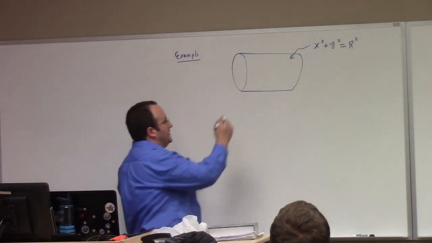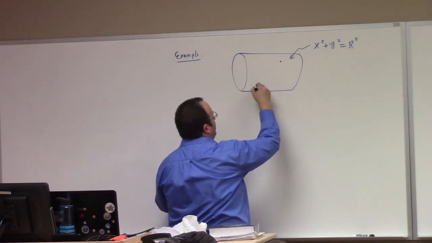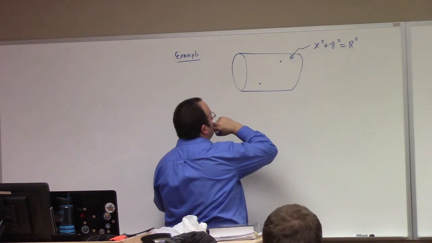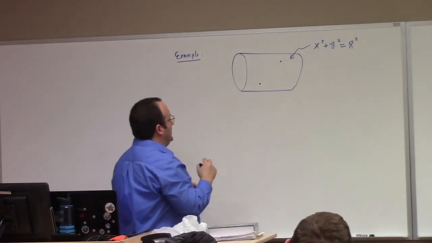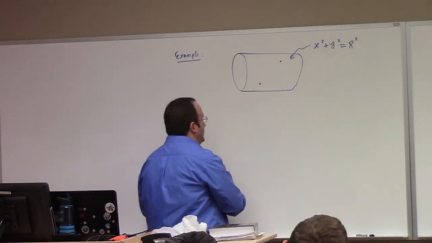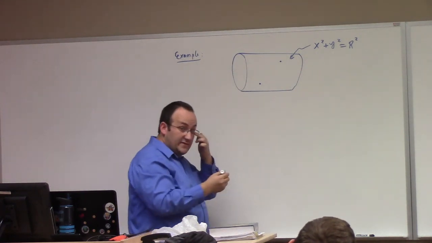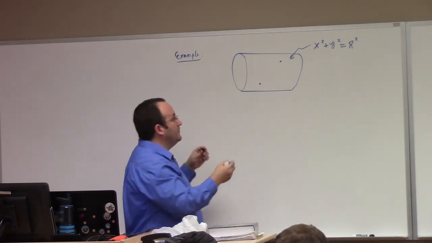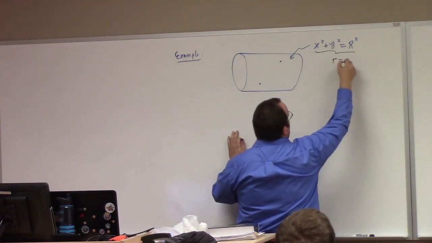So I can take 2 points. All right, at this point, it becomes much easier if we don't insist on using Cartesian variables, but instead think about this in terms of, say, cylindrical variables. So of course, this is really just r equals r.